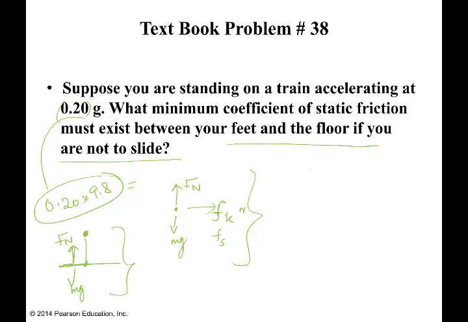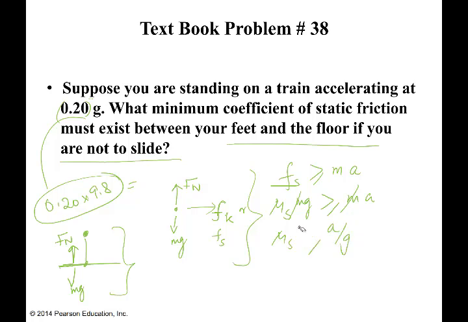So in other words, force of friction must be greater than or equal to mass times acceleration. There's no pulling force here, and the force of friction, or we can say the static force of friction, Fs, which is mu s mg, should be greater than or equal to ma, and we get mu s greater than or equal to a over g.